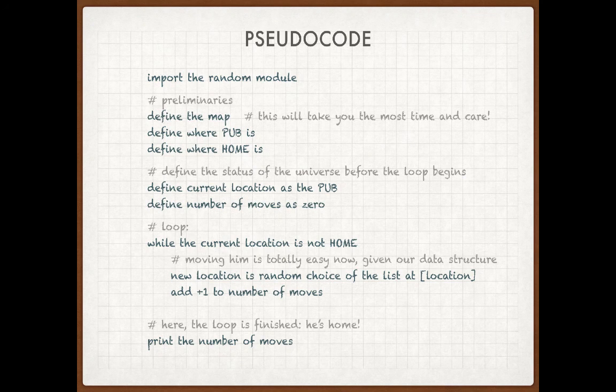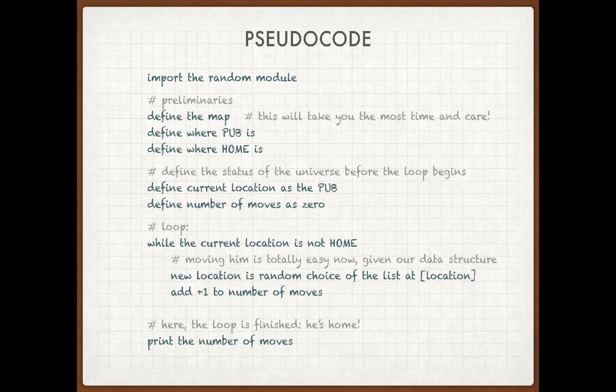That reassures me that the data structure I've chosen is a good one, because it has helped me to solve a problem. It's taken what I think might be the most complicated piece of this game, and simplified it down to one line of Python, and that reassures me a lot.